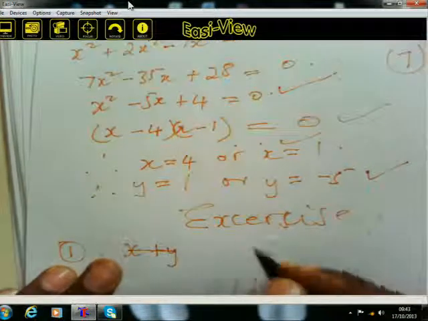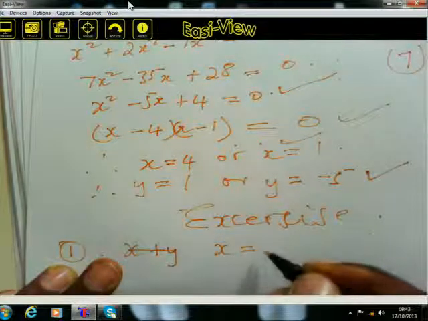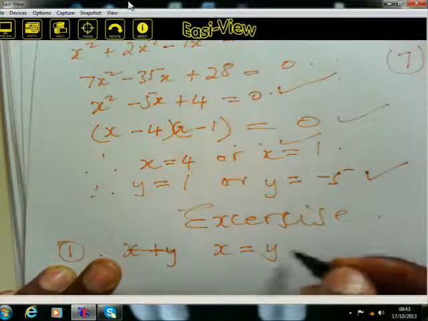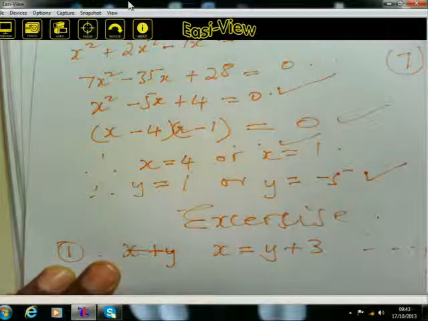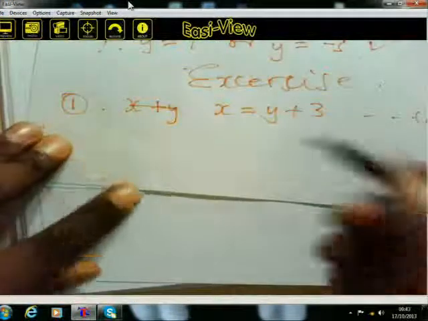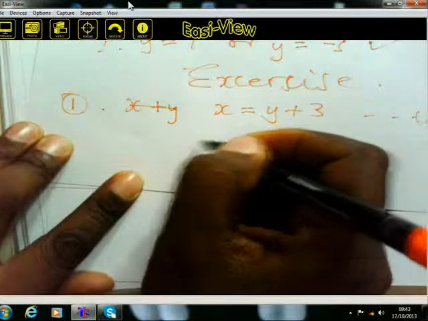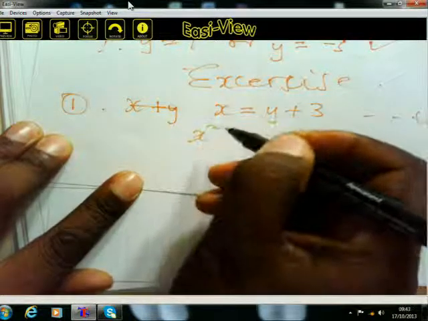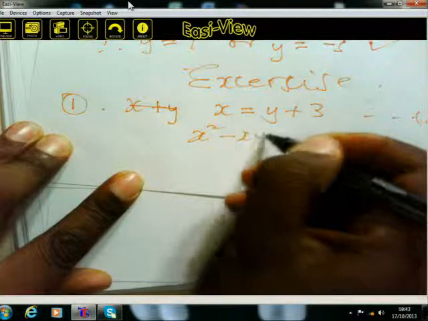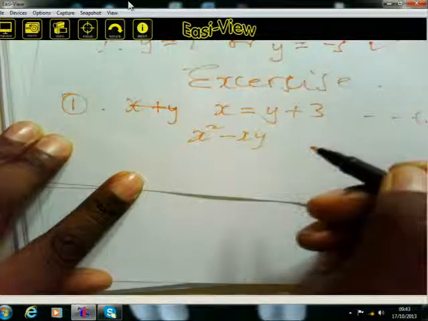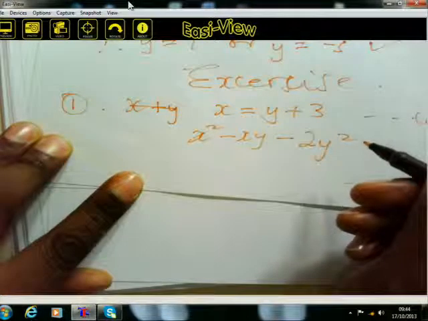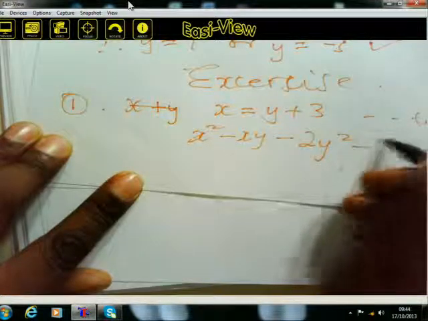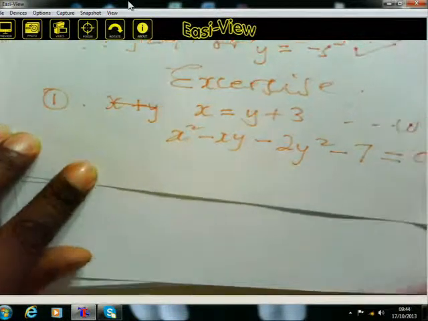I'm having x is equal to y plus 3. That is the first equation. And then the second one is x squared minus xy minus 2y squared minus 7 is equal to 0.